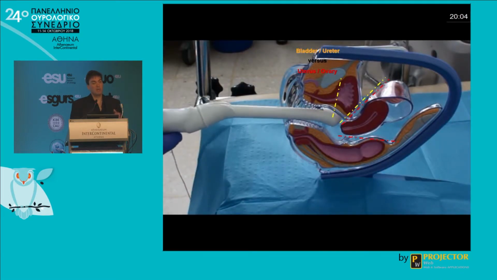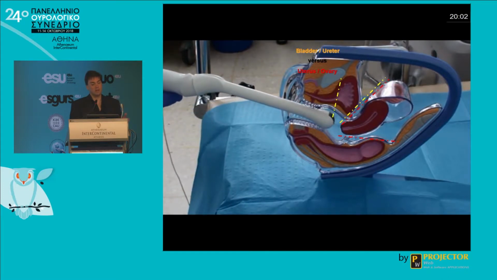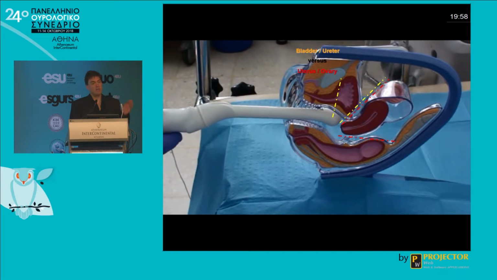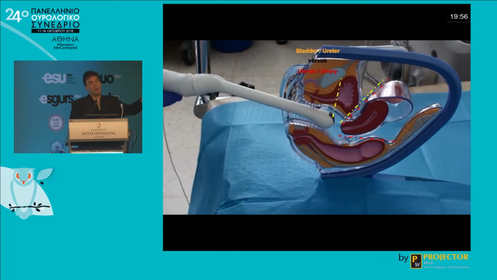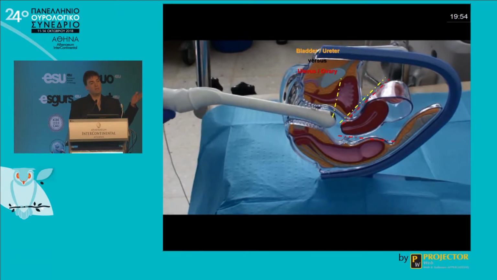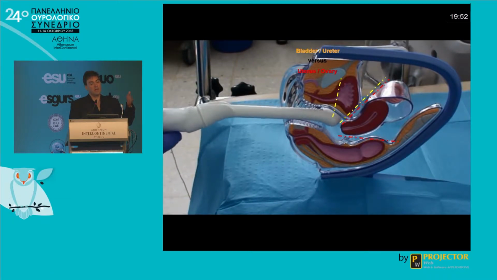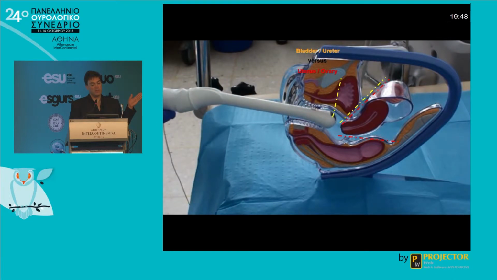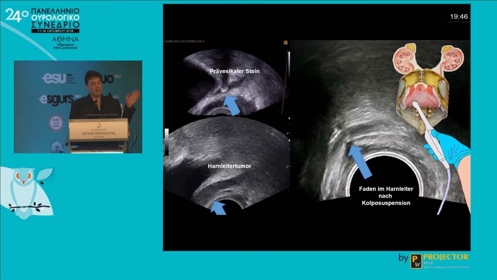This is the same as what you do in gynae, but the difference is that you go 2 centimeters back to the bladder neck, and then you can see exactly where the bladder is and where the ureter is.